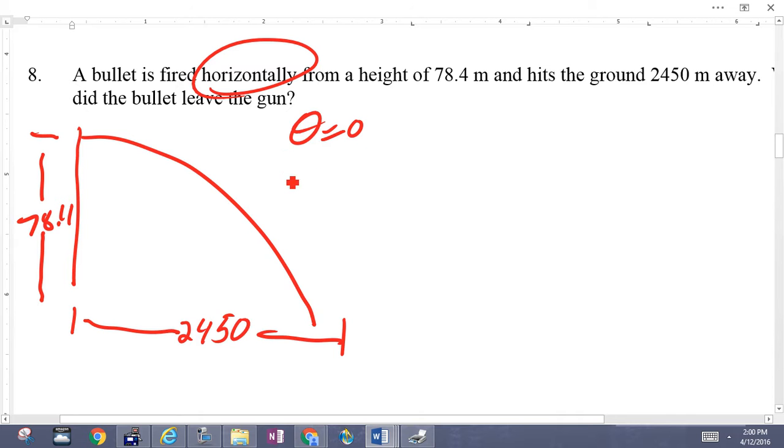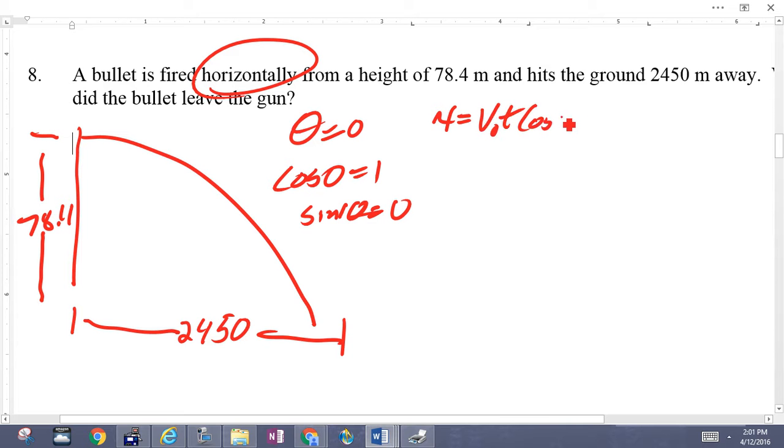And if theta is equal to 0, then the cosine of 0 is equal to 1, and the sine of 0 is equal to 0, so that our equation in x, which was v0t cosine of theta, simply collapses to x equals v0t, and what you already have, x, which is 2,450, so that's v0t. That's about it for what we have here.